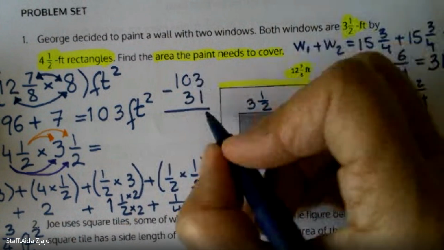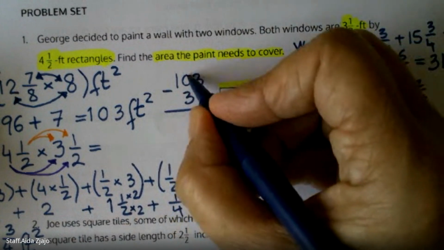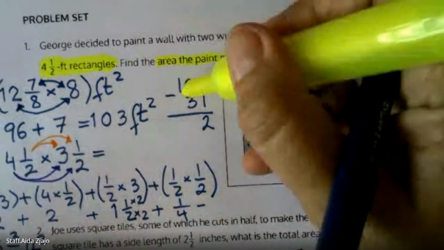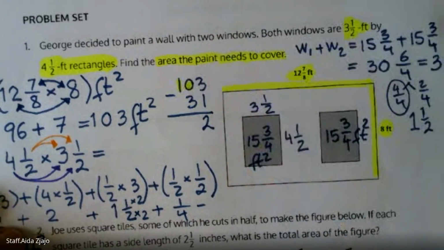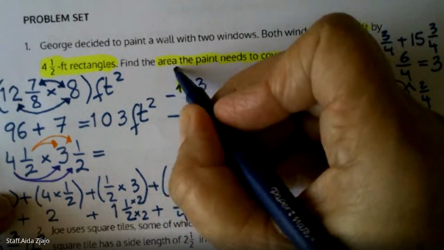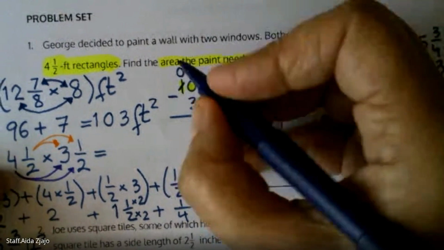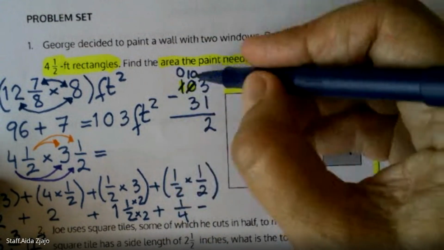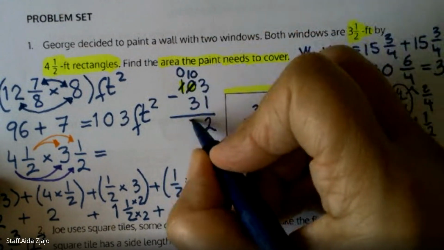Okay, so 3 minus 1 is 2, and I cannot subtract 3 from 0, so I have to regroup the 100. I'm going to regroup the 100 and not have 100 anymore, but I will have 10 tenths. So 10 minus 3 is 7.